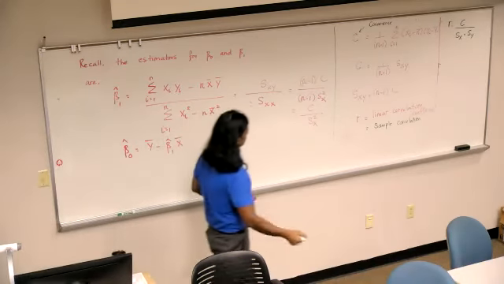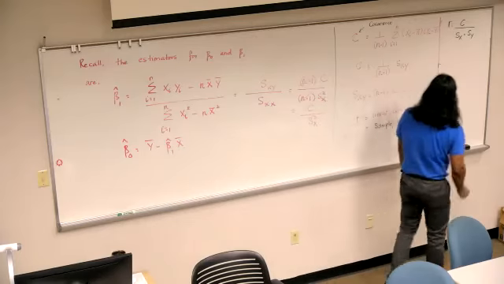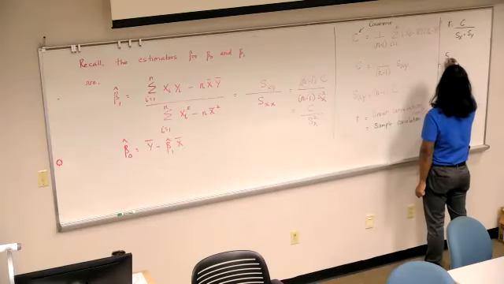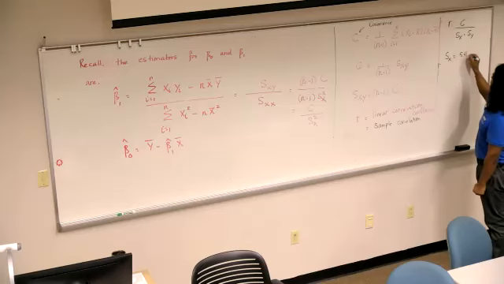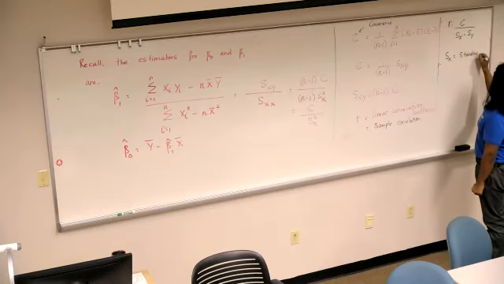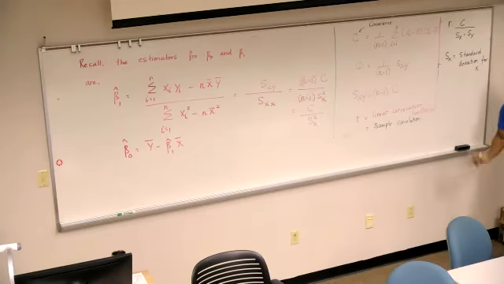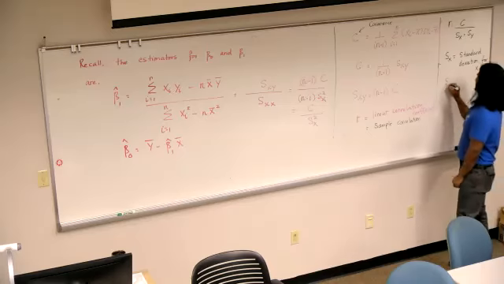So if you take the square root of variance, you will get the standard deviation. Naturally, Sy will be the standard deviation as well.